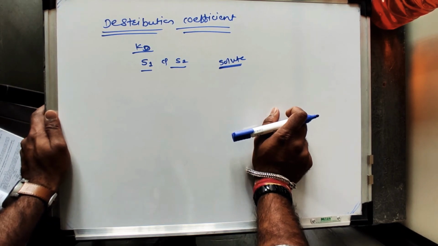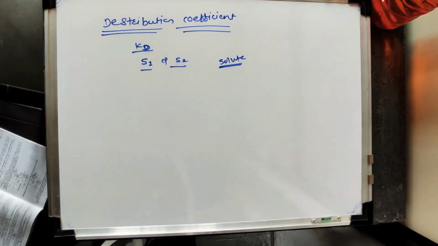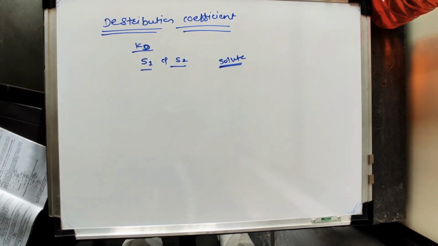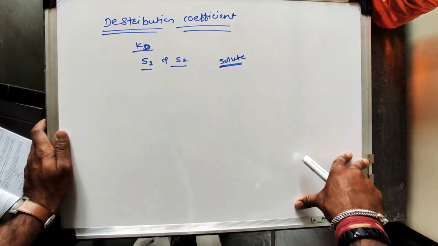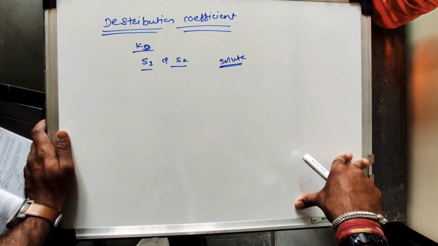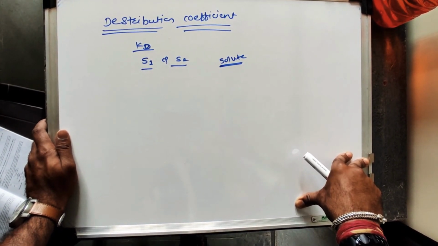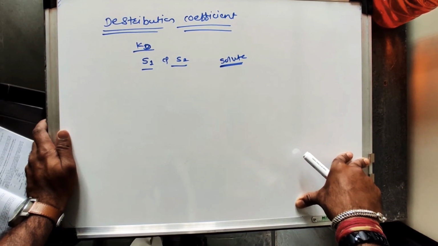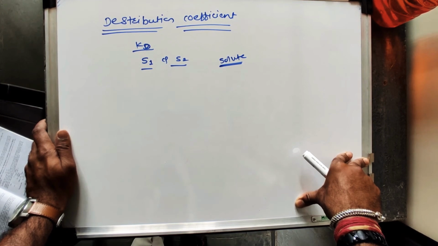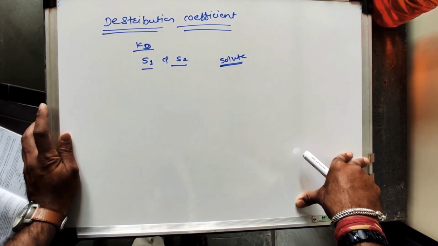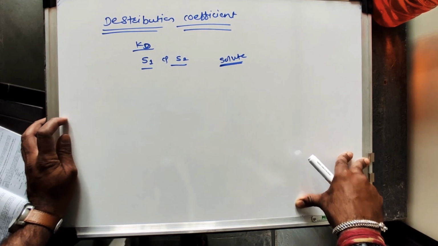That means when the two immiscible solvents are in contact with each other and extraction is carried out, the solute gets distributed in such a way that the ratio of its concentration between the two phases is constant at constant temperature.